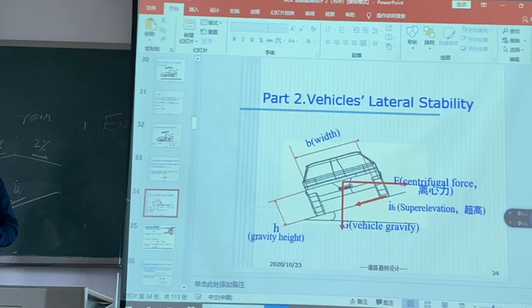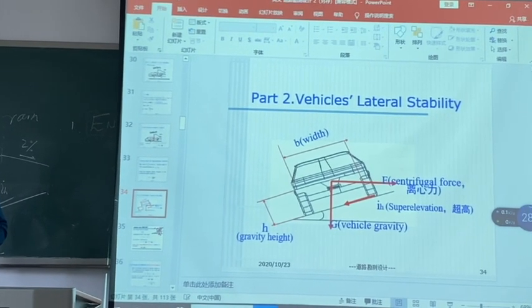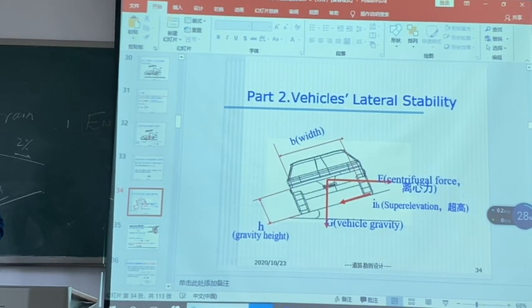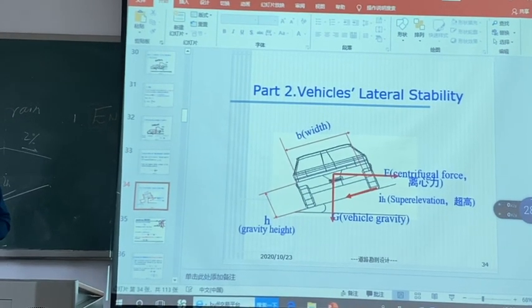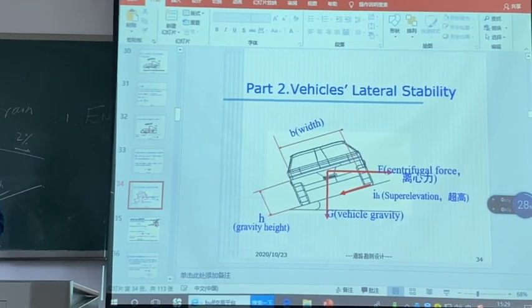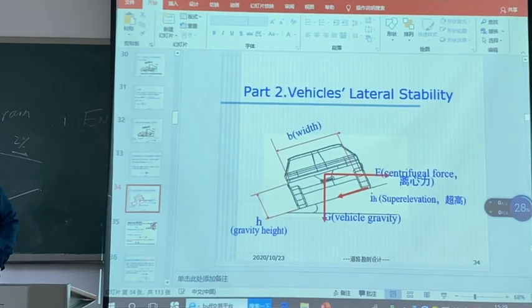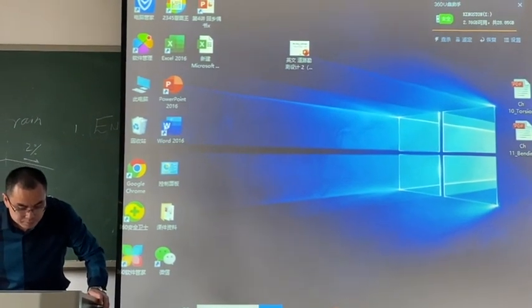It's not what leads outward. So if we put it like this, it's like the car is not going straight. There's a superelevation.